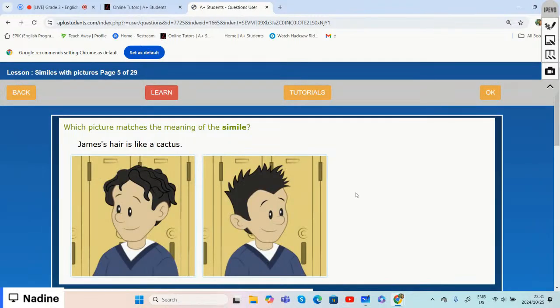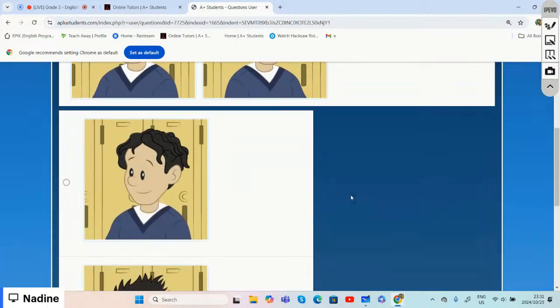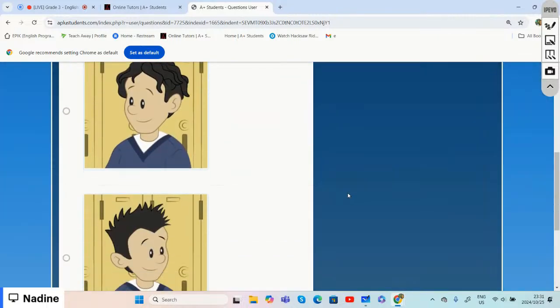All right, the last one. It says James's hair is like a cactus. Look at the two pictures. How is his hair like a cactus? Option one or option two?